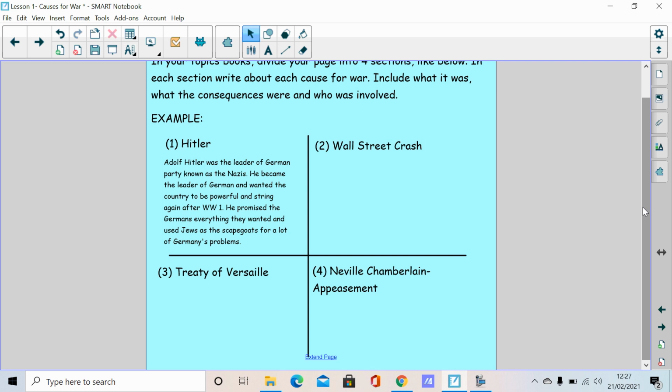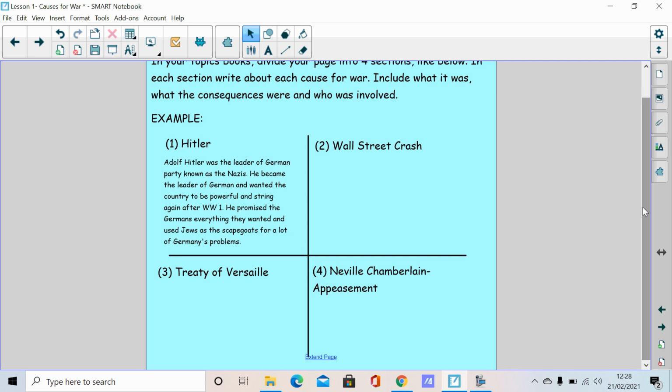The Treaty of Versailles stripped Germany of a lot of its pride, made German people very angry, made the country very poor and defenceless. And Neville Chamberlain and his structure of appeasement and trying to give Hitler elements of what he wanted and let him gain a lot of power and a lot of ground before war was even declared.